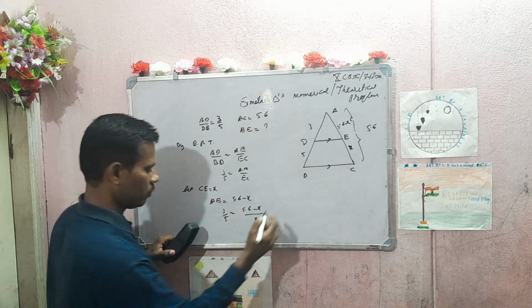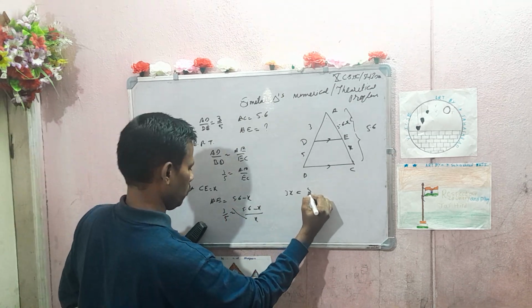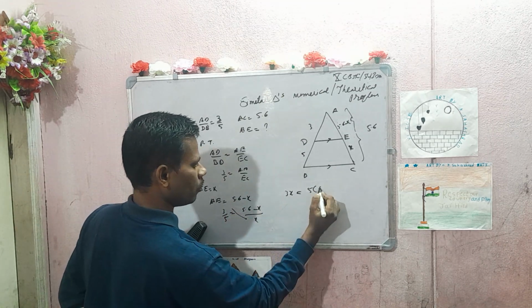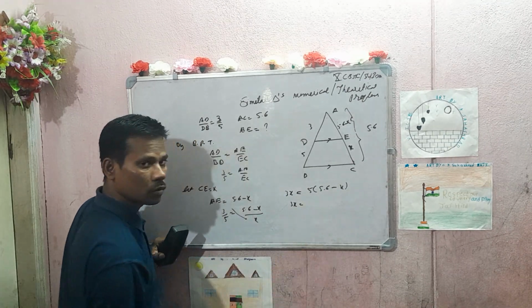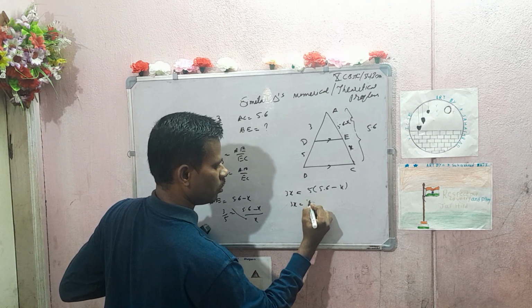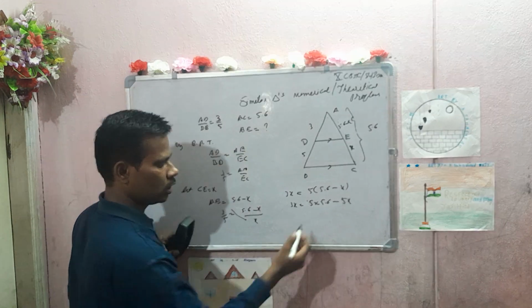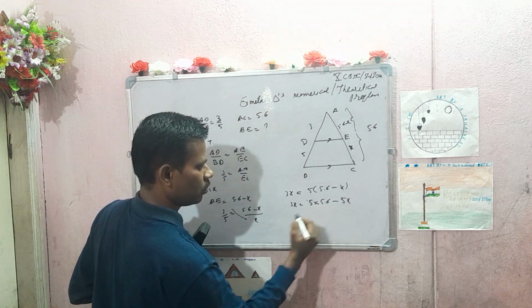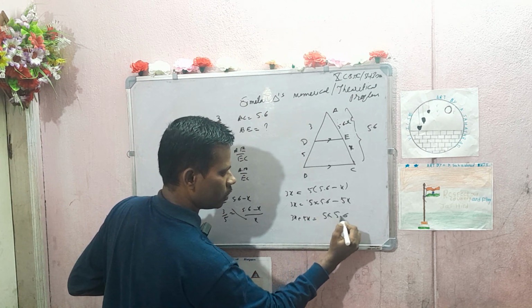Cross multiplication: 3x is equal to 5 into 5.6 minus x. 3x is equal to 5 into 5.6 minus 5x. This you bring here. 3x plus 5x is equal to 5 into 5.6.